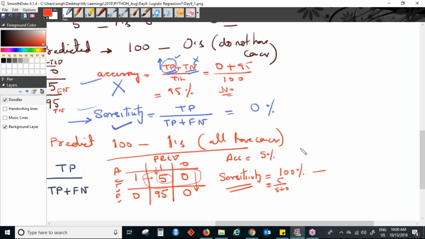Previously we saw that we should not look at accuracy, and now we are looking at a scenario where if we look at sensitivity, once again we are going wrong. If you just look at sensitivity here, you will think that this is a very good model, but again we discussed, it is a useless model because a hospital cannot say everybody has cancer. So this is a very bad model, but we are getting a sensitivity of 100% here.